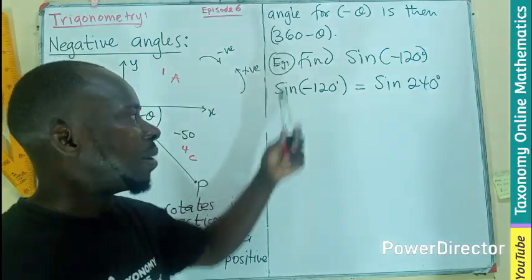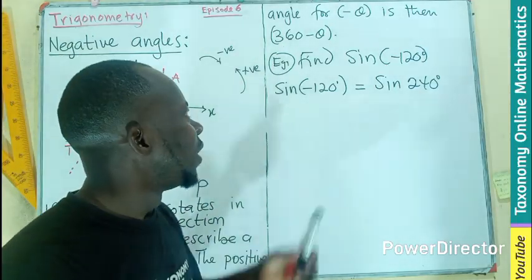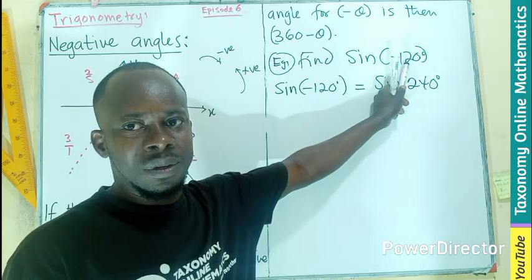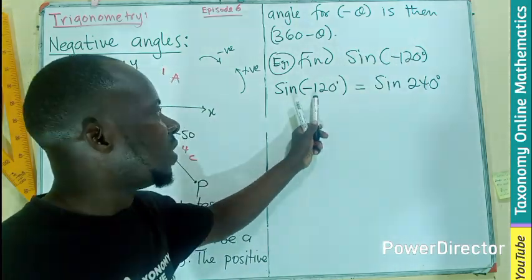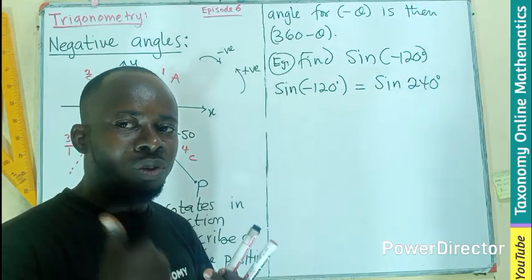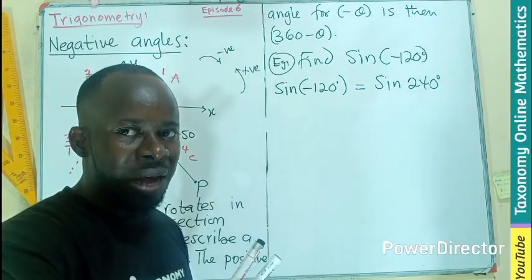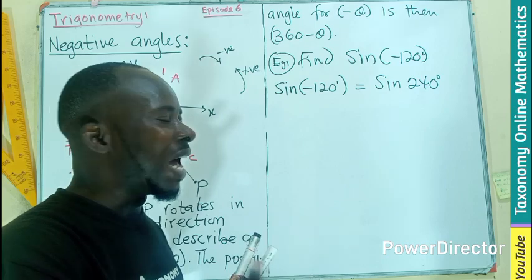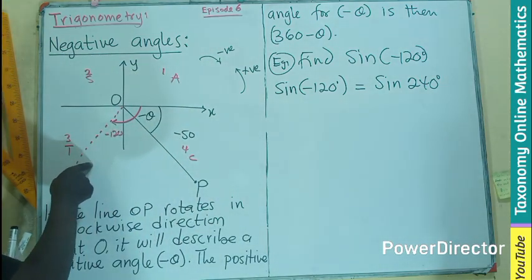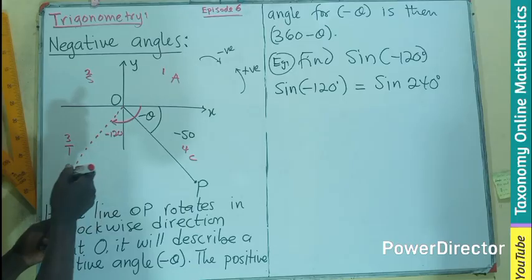We don't need to show the subtraction, but you can show it if you want to. This is 360 minus the angle theta, and 360 minus 120 will give you 240. Now we have to go back to what we did in the previous episode: if I have a sine in this quadrant, I need what we call a reference angle.